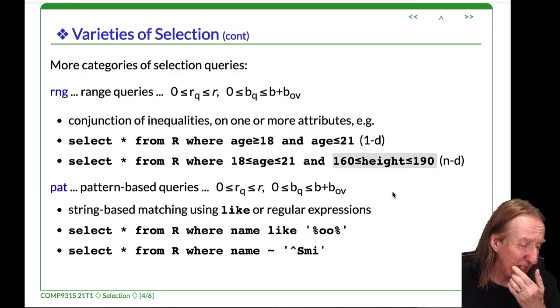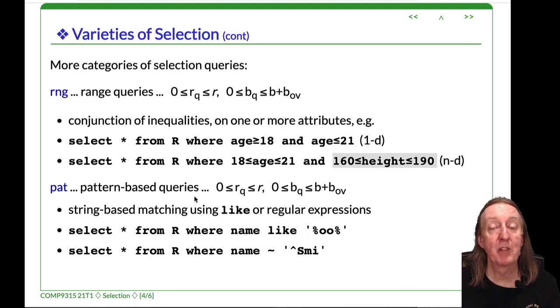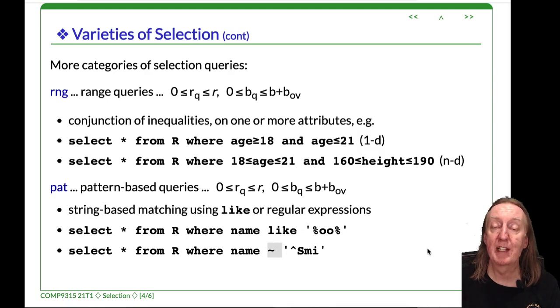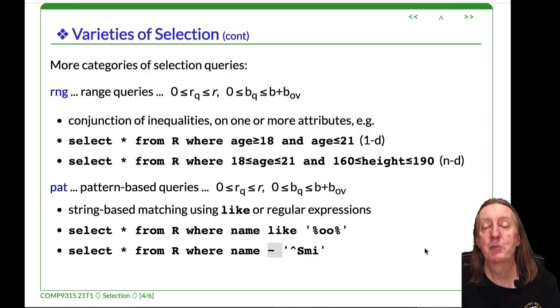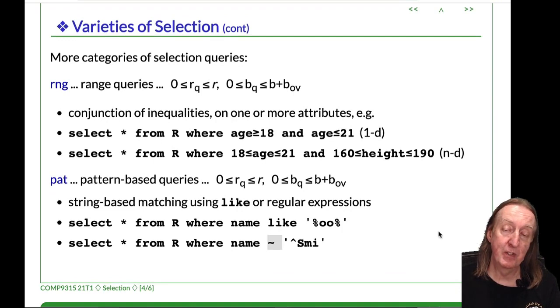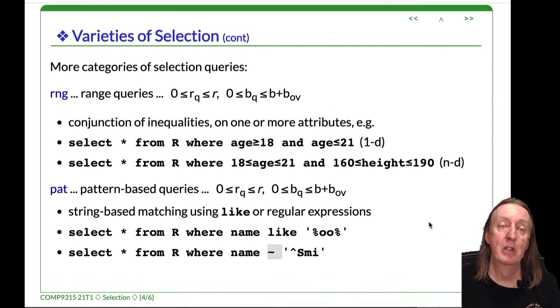All right, other types of queries, we've got pattern-based queries, using, for example, LIKE, or using Postgres's regular expressions. So we can search for tuples based on a pattern matching a text field in the tuple.